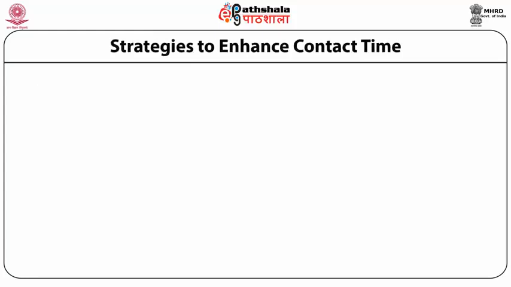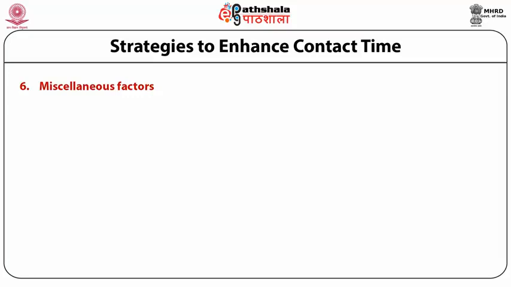We have just discussed the various strategies which can be used for enhancing the absorption of the drug through the nasal mucosa. There is another set of miscellaneous approaches which can be of great help for enhanced absorption of drug in the nasal cavity.